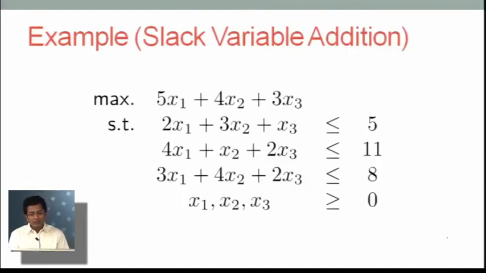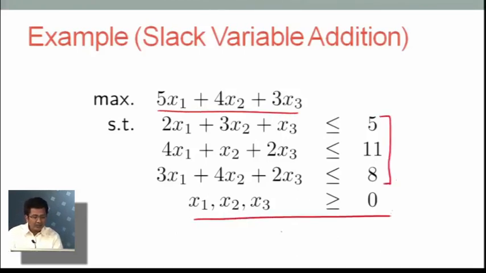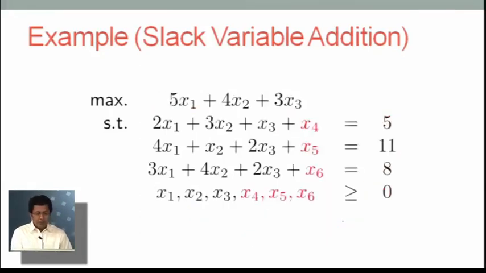So if we have added slack variables, let's take an example. Here is the example. We maximize this objective function subject to these constraints, and this is already in standard form. You can take a second and look at this and verify that this is in standard form. If so, you can now add fresh slack variables, x4, x5, and x6. Originally, these were less than or equal to, and you convert them to equality.